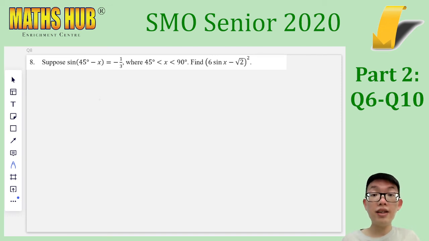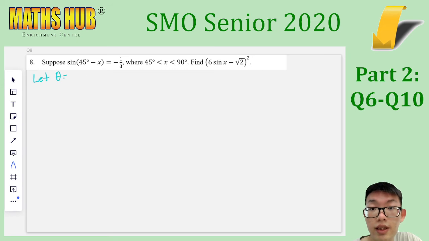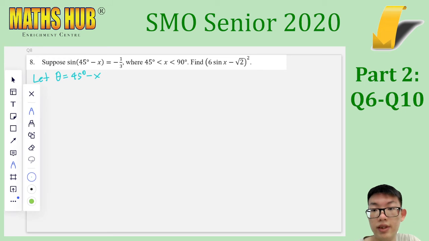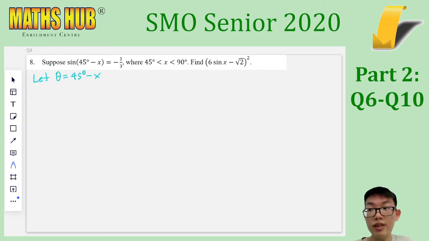Instead, it is better if we restate this condition using the substitution theta equals 45 degrees minus x. And this is a general problem solving principle.